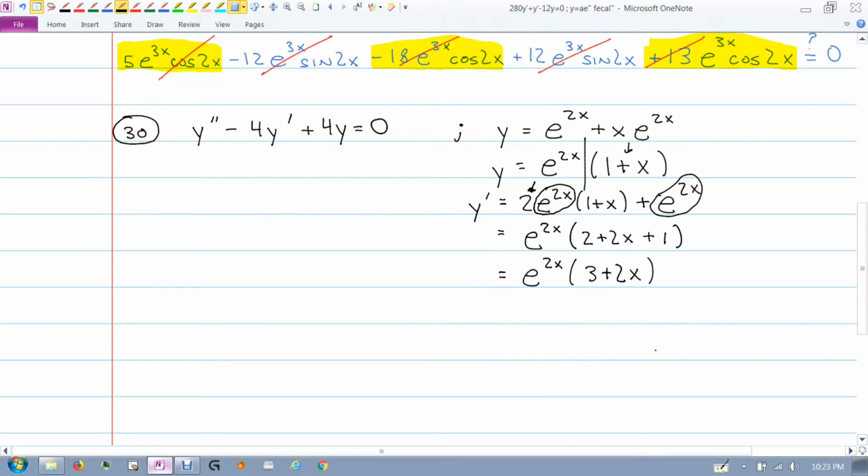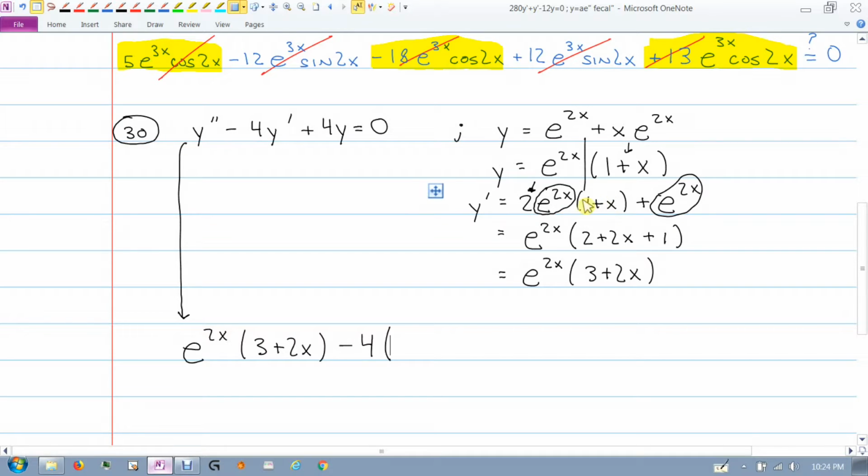All right, so now let's check it. Y double prime is e to the 2x times 3 plus 2x minus 4 times, let's see, y prime. Y prime was, oops, did I not do y prime?